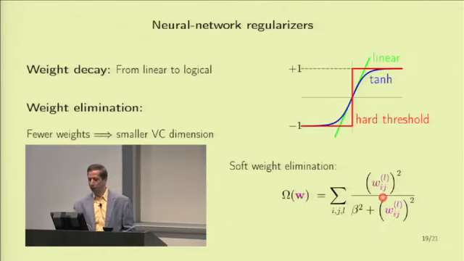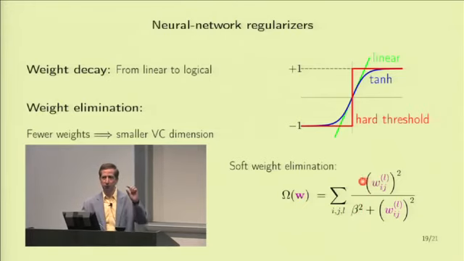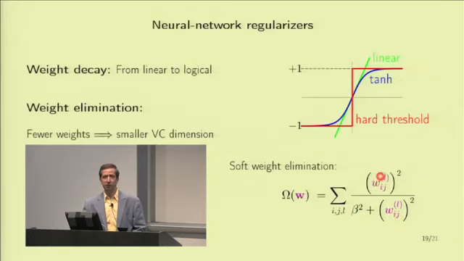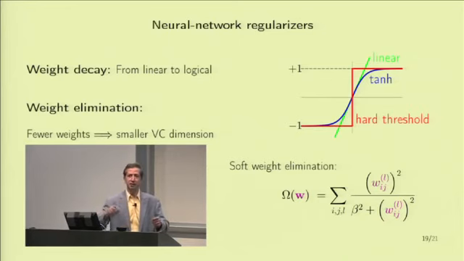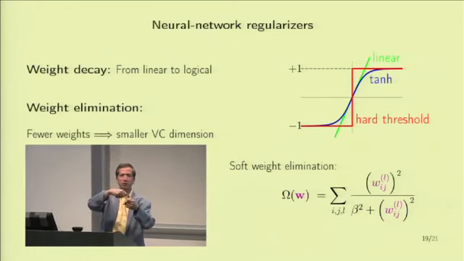Well, for very small w, beta dominates, so you end up with something proportional to w squared. So for very small weights, you are doing weight decay. For very large weights, the w's dominate, therefore this basically is close to 1. So there is not much to be gained by changing the weights. So in this case, big weights are left alone, small weights are pushed towards 0.